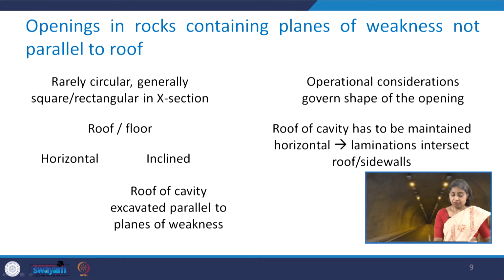So that is what is the difference. Now, in case you have the mining activity, these are rarely circular but generally square and rectangle in cross section. So, there will be the roof or the floor, and these can be either horizontal or inclined. Now, in case they are inclined, the roof of the cavity is excavated parallel to the plane of weakness. Take a look how.